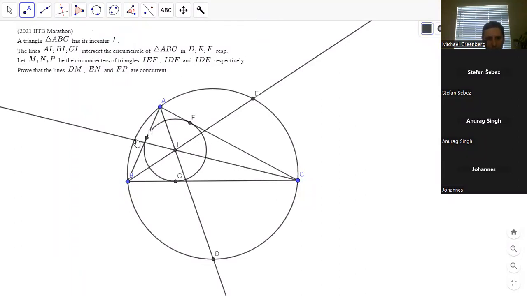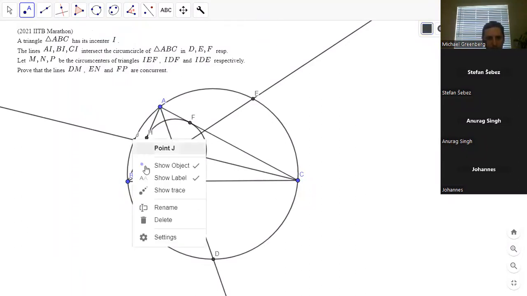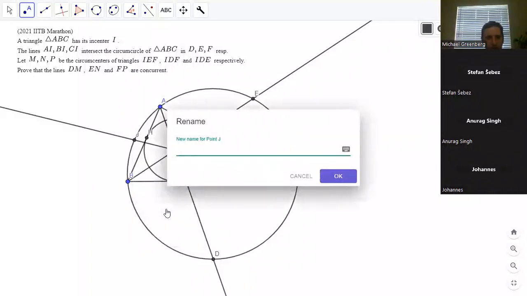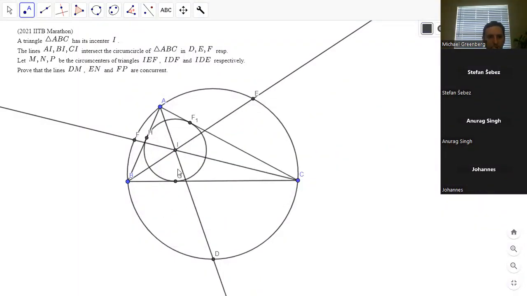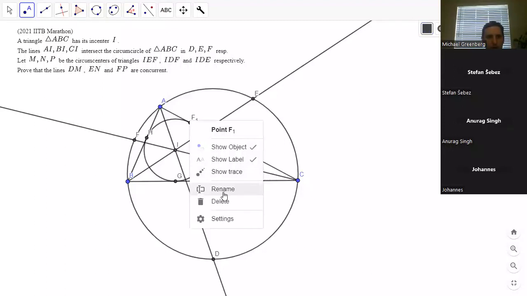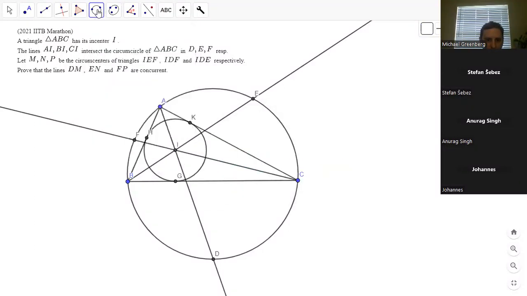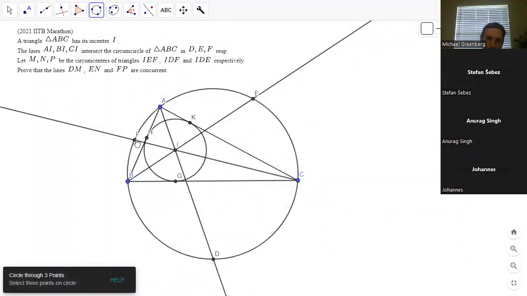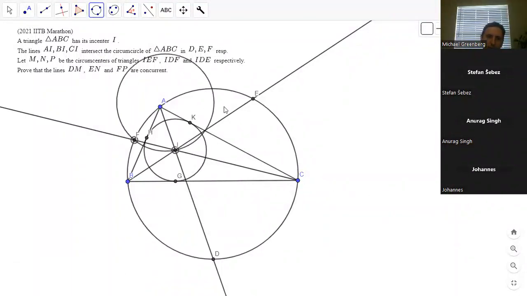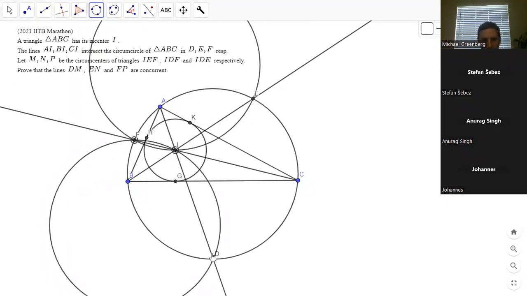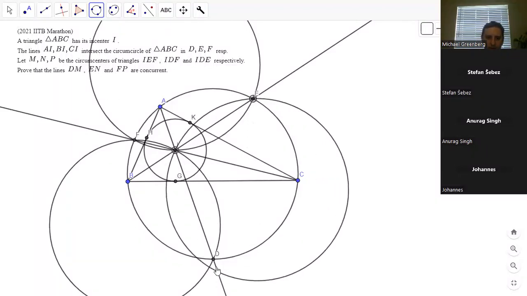Just label them. So this should be F. Then we draw IEF. So AFIE is a kite, right? And so are BFID and CEID. So I don't know if that helps with this at all.